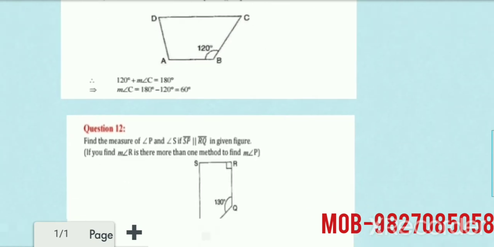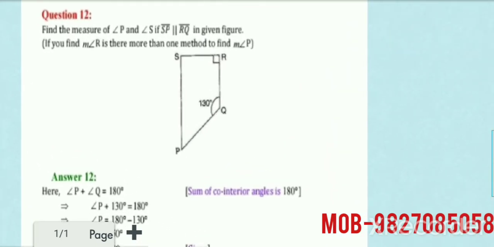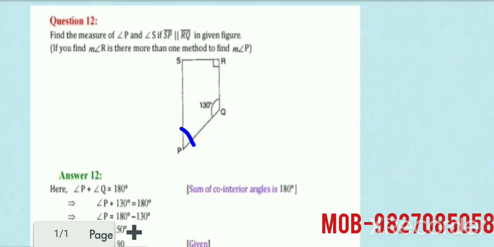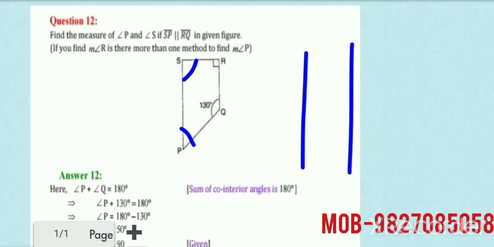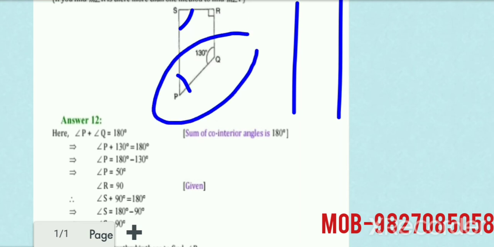Now question number 12, this is the last question. So here find the measure of P and S, if SP is parallel to RQ. So here angle P and angle Q is equal to 180, so we can easily find the value of P is equal to 50.